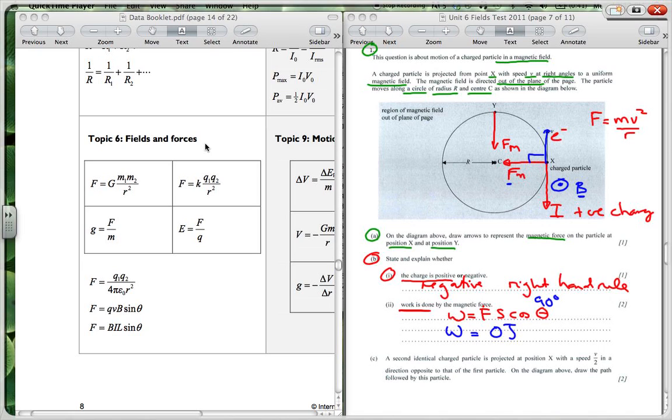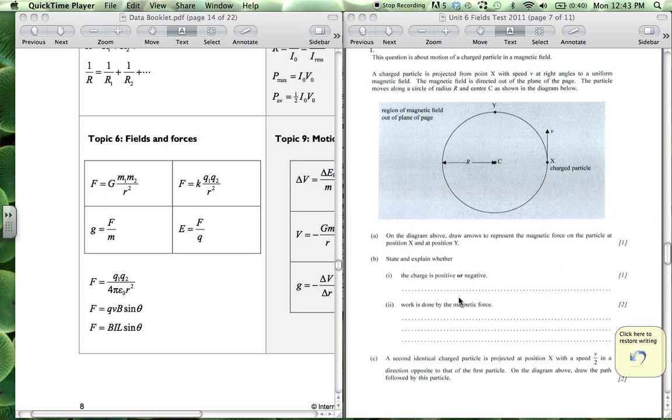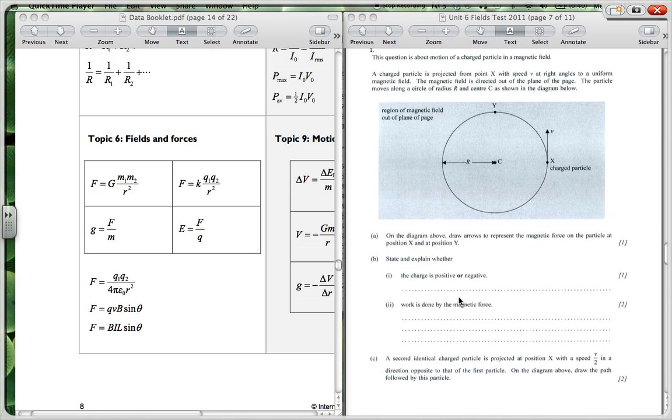It then says a second identical charged particle is projected at position X with the speed v over 2 in the direction opposite to that of the first particle. On the diagram, draw the path followed by this particle. Okay, so I think I'll get rid of all of this writing. We'll start again. So we've got here a particle coming down like this, but now it's going at v over 2.